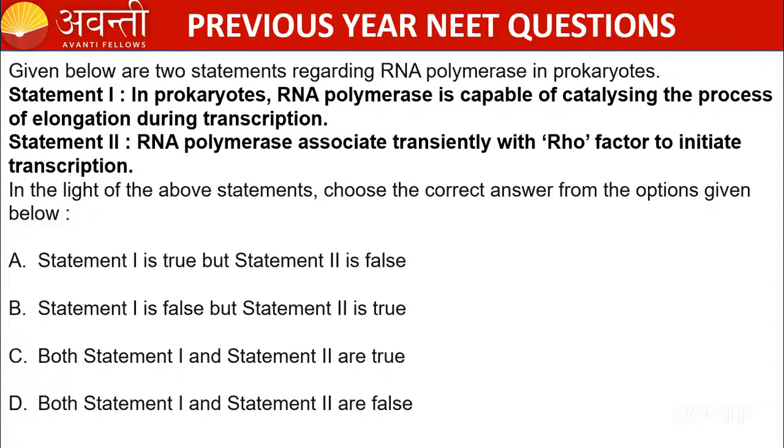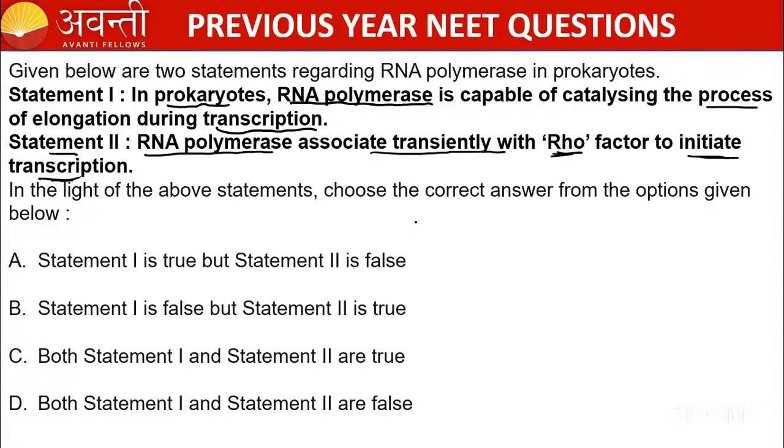In the prokaryotes, RNA polymerase is capable of catalyzing the process of elongation during the transcription. First understand, they're asking about prokaryotes, and RNA polymerase catalyzing the process of transcription. Then coming to statement 2, RNA polymerase associates transiently with the Rho factor to initiate the transcription.